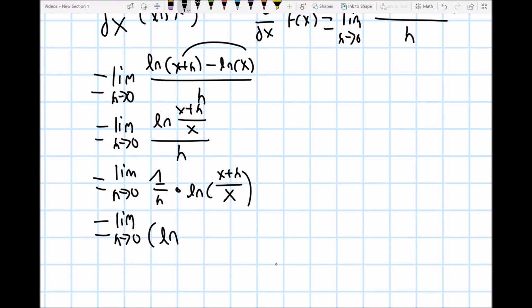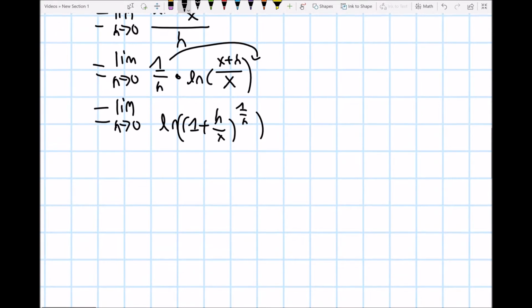We can distribute over the denominator, so x over x is 1, the ln of 1 plus h over x, and this is all inside the ln, because the power is pulled up, raised to the 1 over h power.